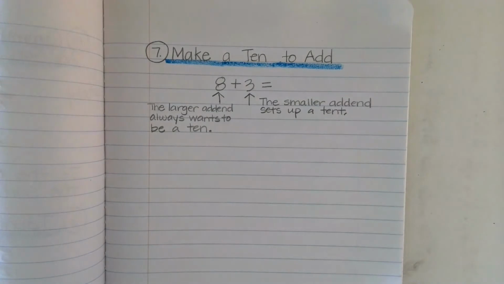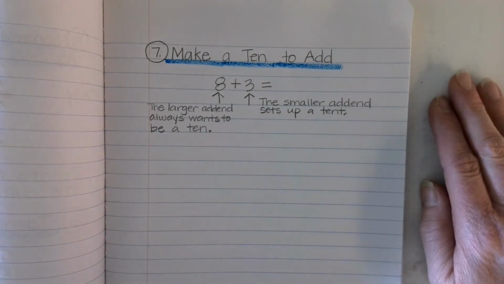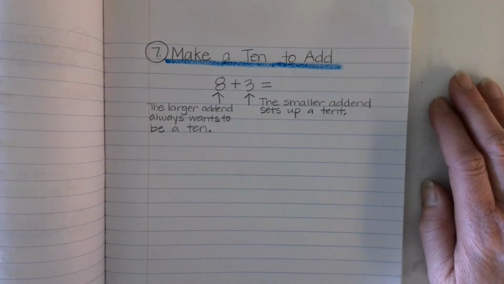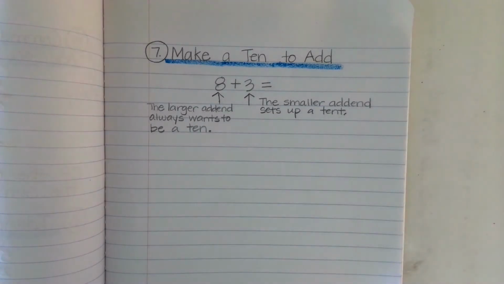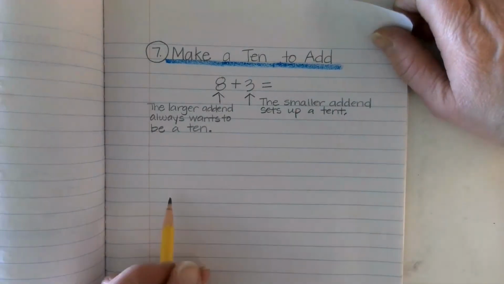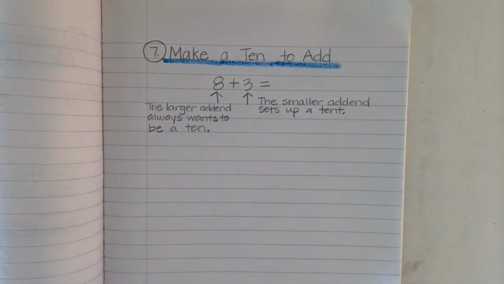So the larger addend always wants to be a 10, and the smaller addend, being as polite as he is, says, okay, I will set up a tent, and I will break apart to help you. All right. We'll give you just a second to get caught up there.